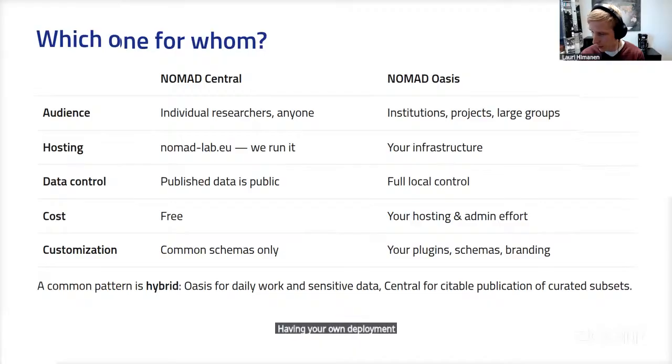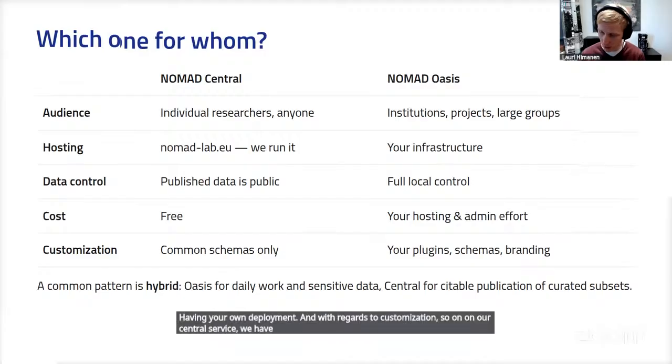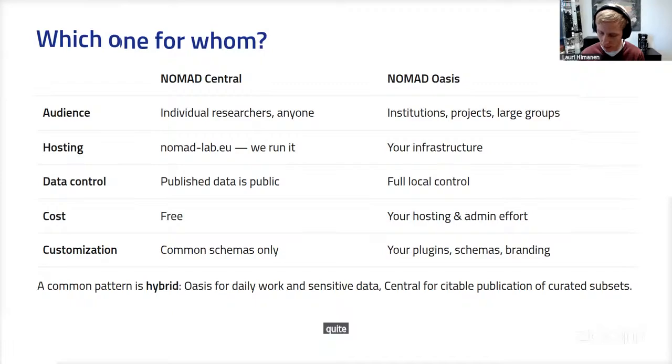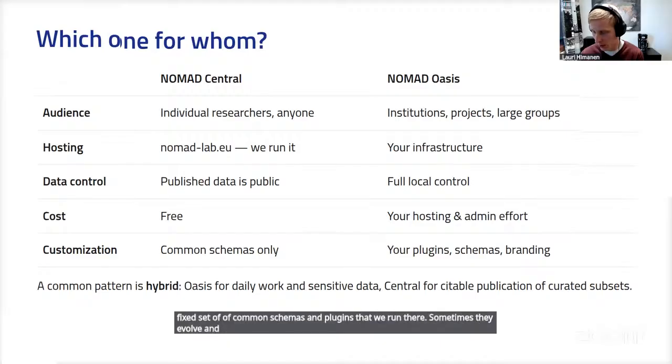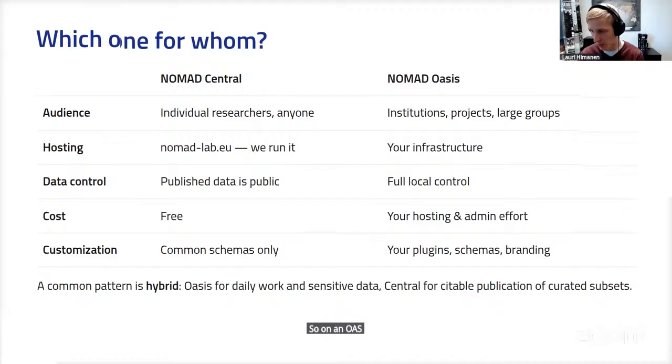And with regards to customization, on our central service, we have a quite fixed set of common schemas and plugins that we run there. Sometimes they evolve and we add new ones, but it's not nearly as customizable as an Oasis, where you can freely control what sort of things you install there. So on an Oasis, you get much more flexibility.